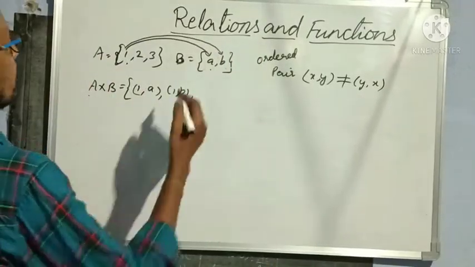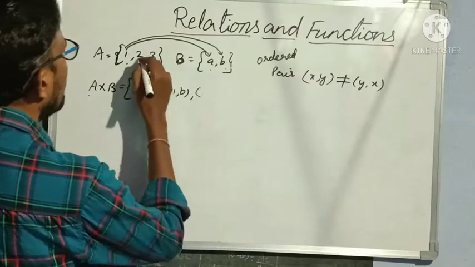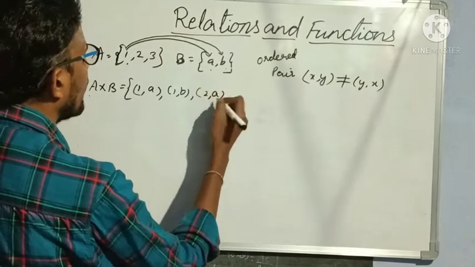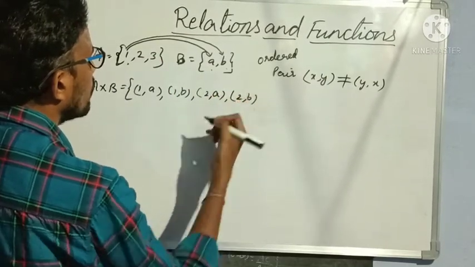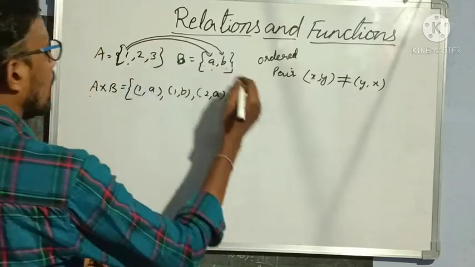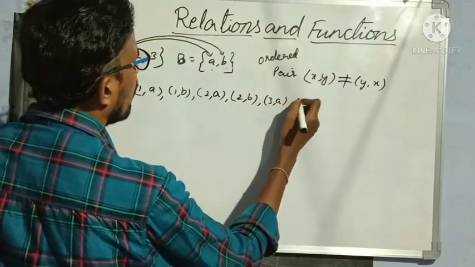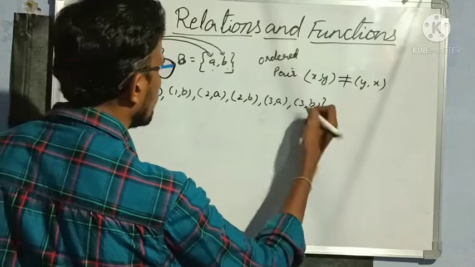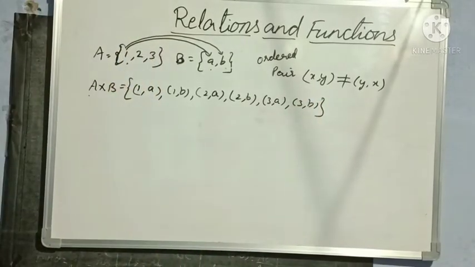Okay, 1 comma a, 1 comma b. In the same way 2 comma a, 2 comma b. Next 3 comma a, 3 comma b. So these are the elements of A cross B.